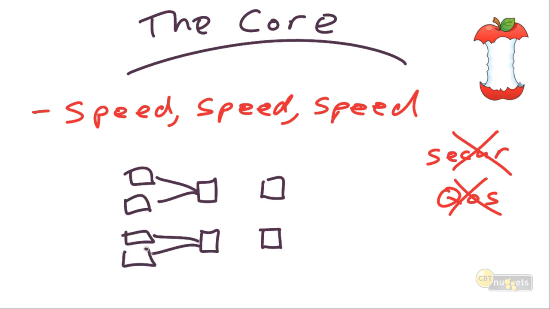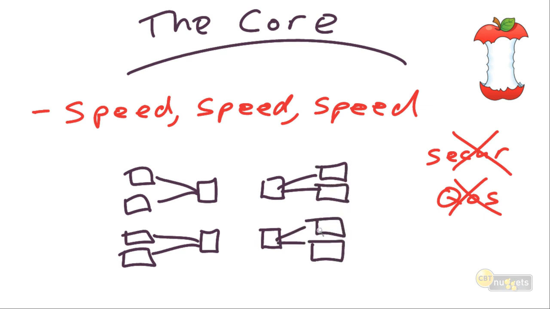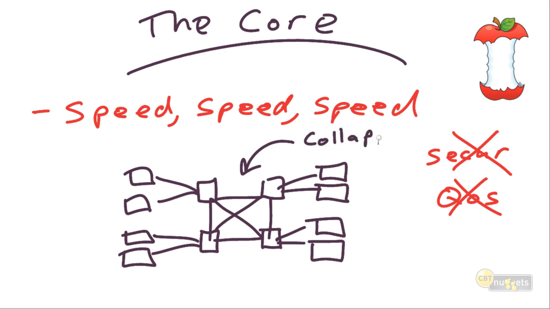And what they'll do is they'll just go ahead and connect the distribution layer blocks. Okay, they'll connect these in triangles, and they'll go ahead and have this distribution layer function as well as the core. This is a design called the collapsed core, and I want you to be aware of it.